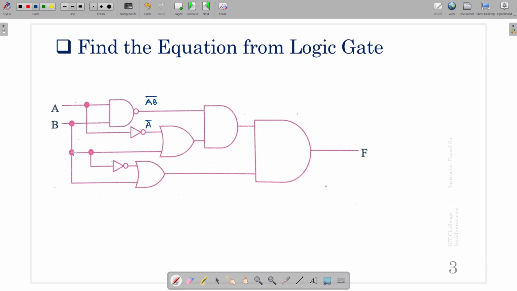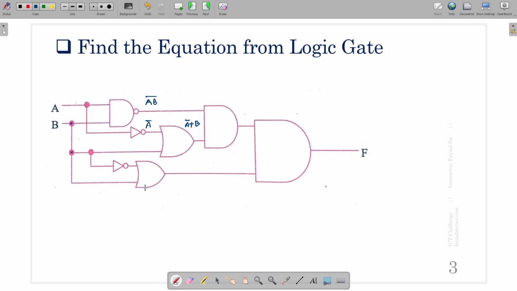Also we have another line, this connection comes from this way, that means the connection is B, so we have B and A bar. So this is an OR logic gate, and we already know that an OR logic gate adds those values, that means A bar plus B, so the output is A bar plus B.